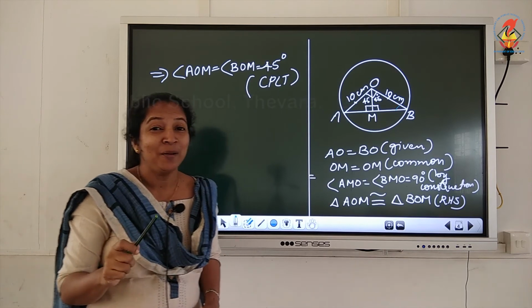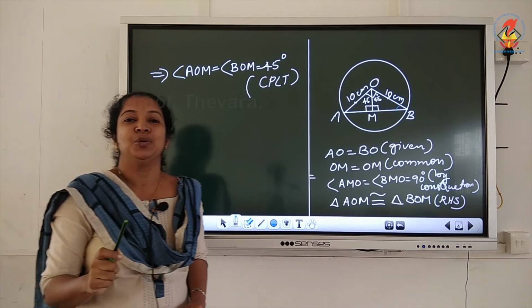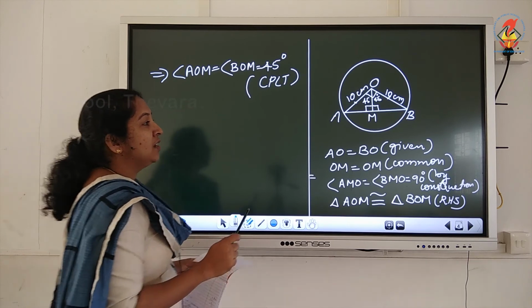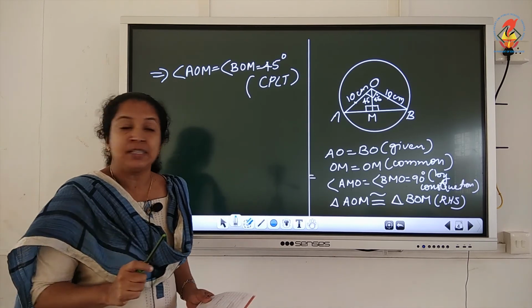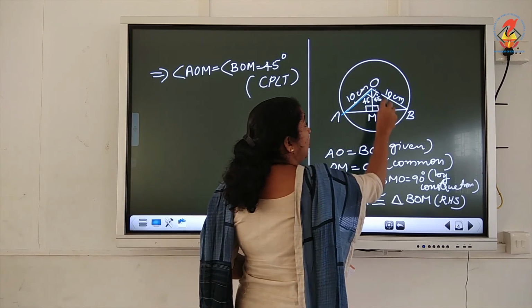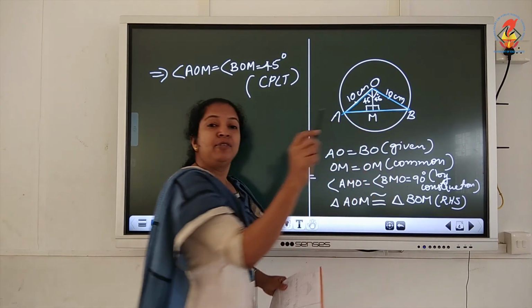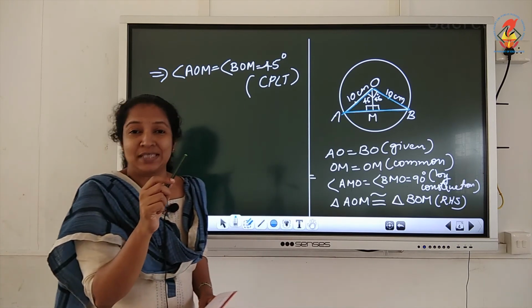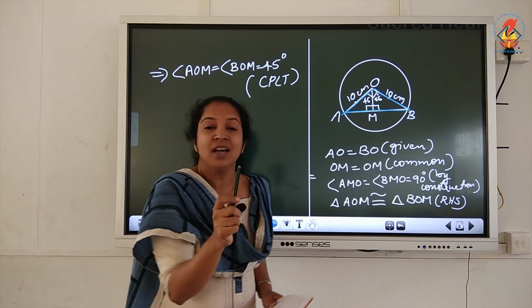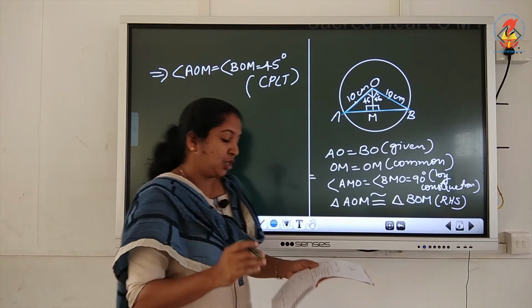So what can we apply? Trigonometric ratios. We have to find the area of the triangle ABO. For this we have to use half base into height. We have to find other two sides. For that we are using trigonometric ratios.